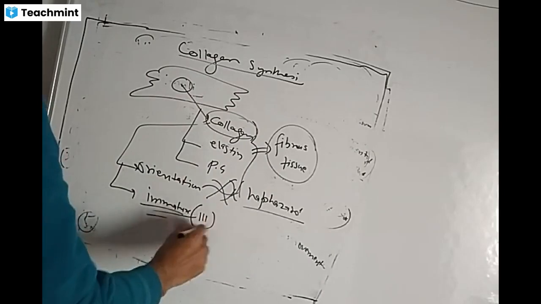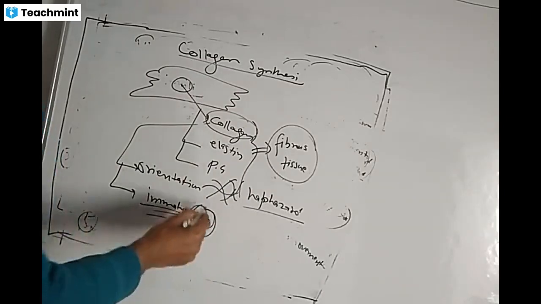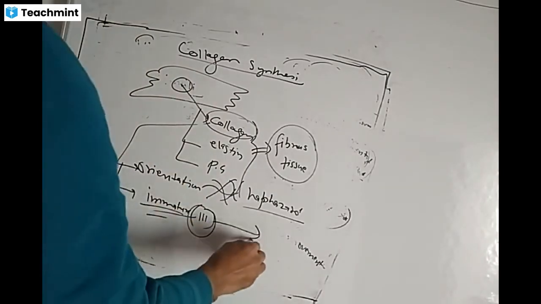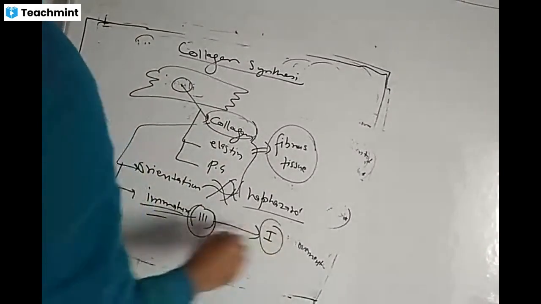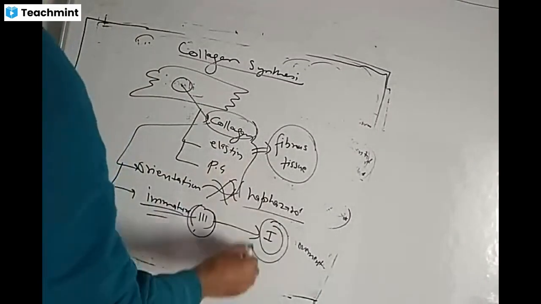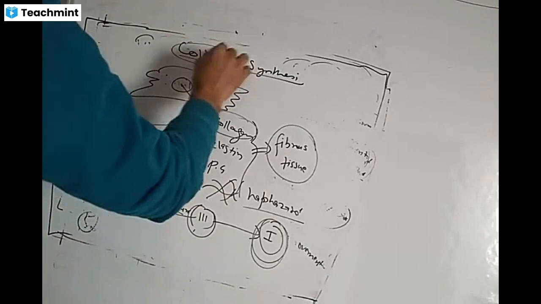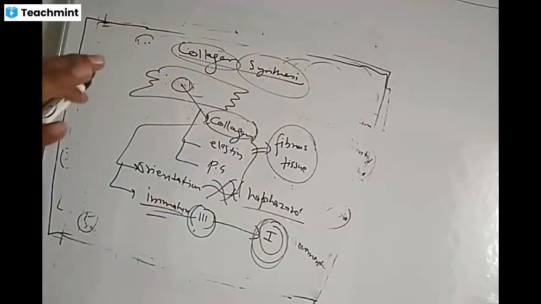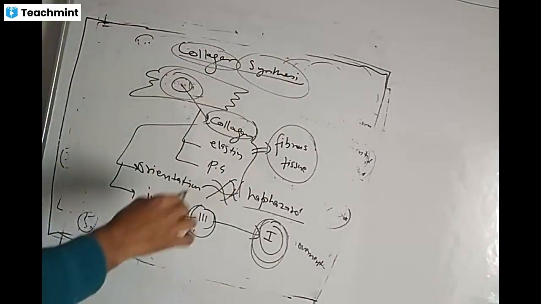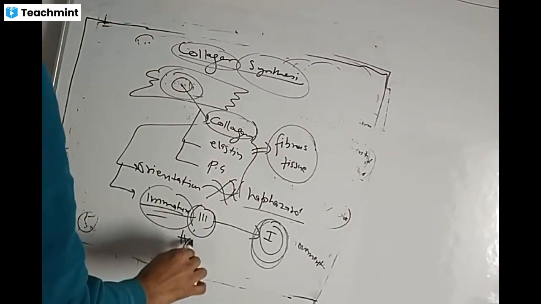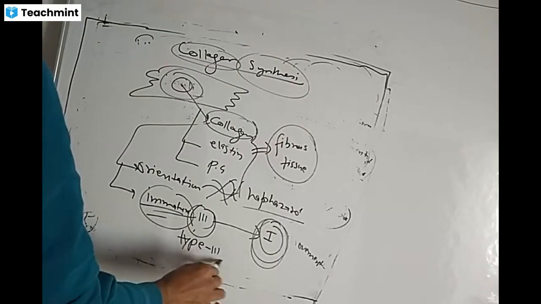It means they are type 3. At the end, when we study remodeling phase, then we'll see that type 3 will become mature into type 1. So when there is collagen synthesis, fibroplasia, these fibroblasts produce immature, that is type 3 collagen.